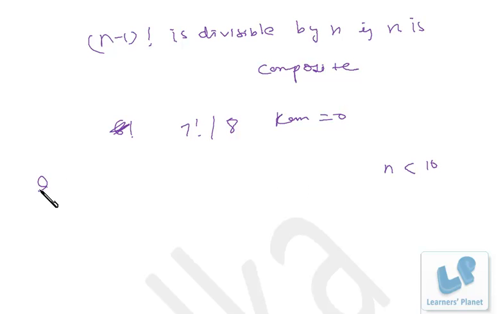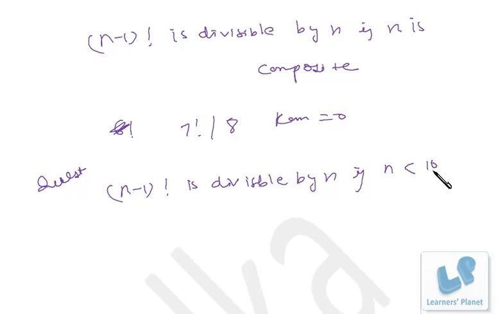The question: (n minus 1) factorial is divisible by n, and if n is less than 10, how many values can n take? So all the composite numbers less than 10 can be chosen. So make a list: 4, 6, 8 and 9.